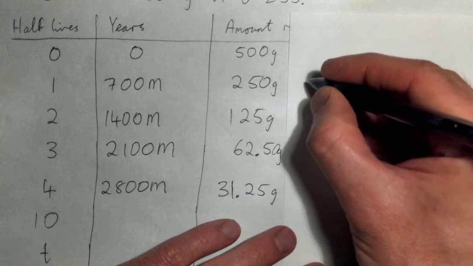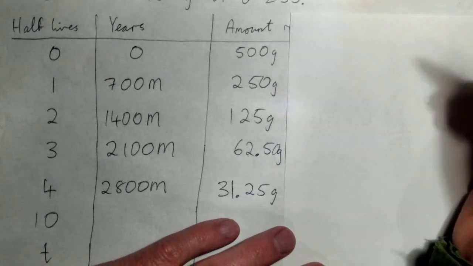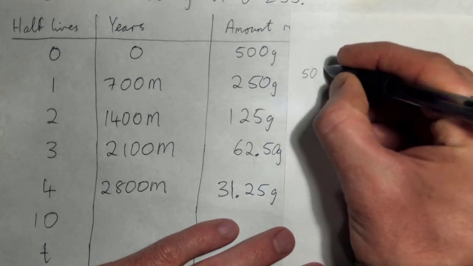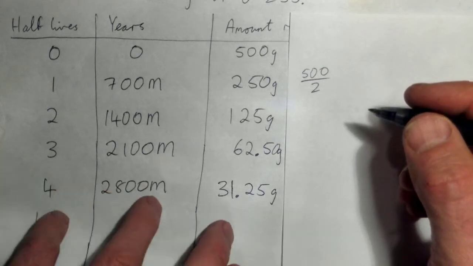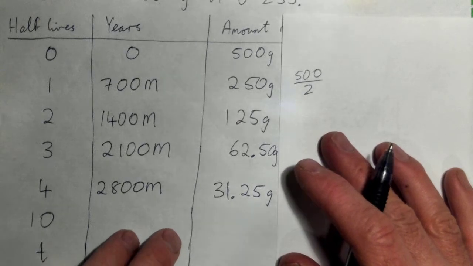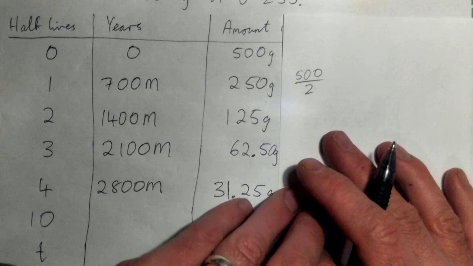I mean, for example, how can I go from 500 to 250? You can go 500 over 2, correct. Is there another way of going from 500 to 250? Subtract 250. How else can I do it? What can I multiply by to get to 250?